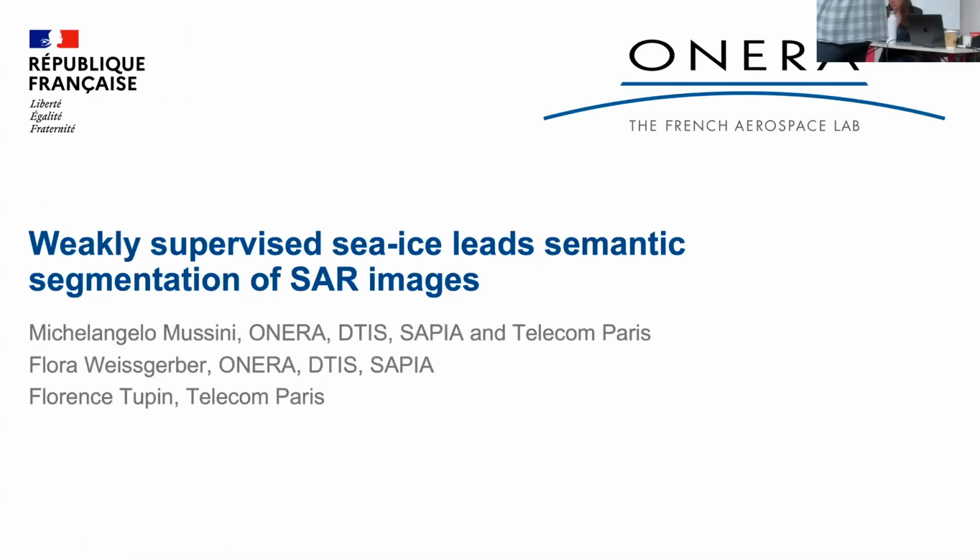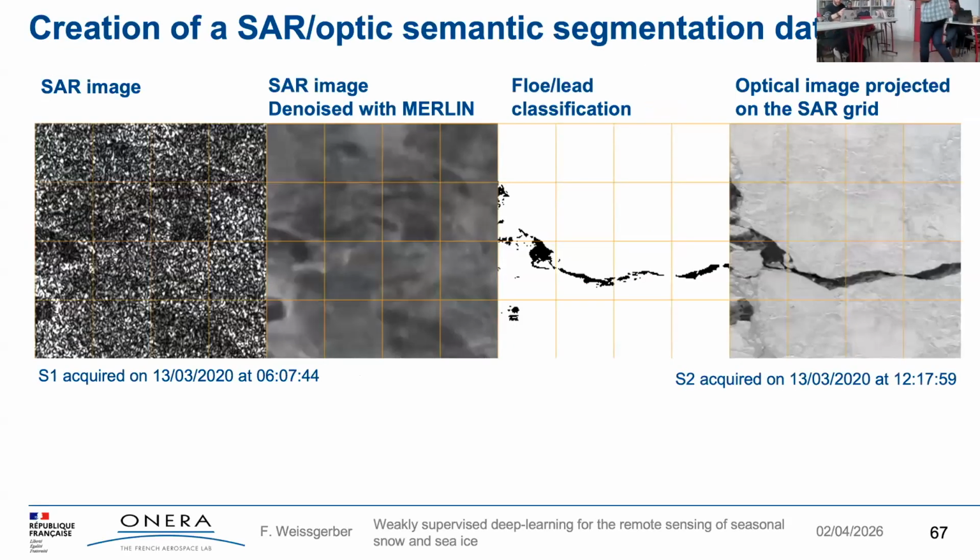Okay, so as I said, all this work was done with Sentinel-2, but again, it is an optical sensor, so we don't have information in the winter. We are at the moment working with Michelangelo to try to map sea ice from SAR images.